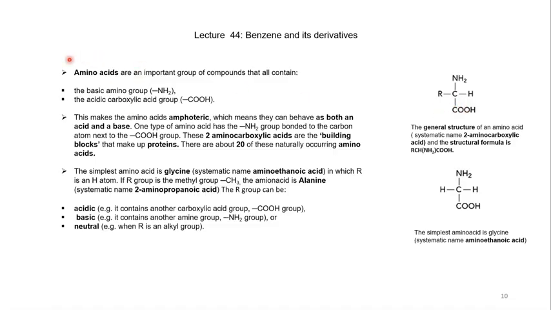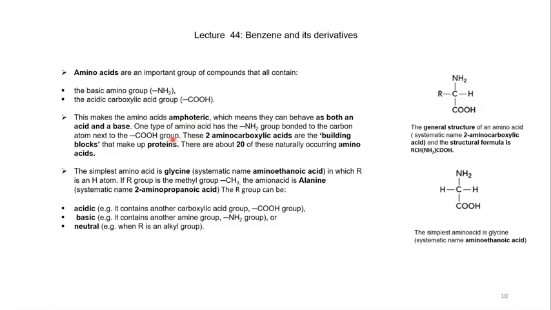These two make amino acids. The amino acid is amphoteric. What is amphoteric? It behaves both as an acid and as a base, depending on conditions. We call this an amphoteric substance. An amino acid is an amphoteric substance.